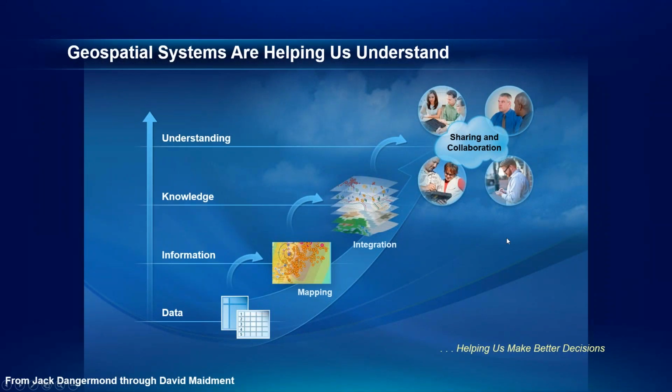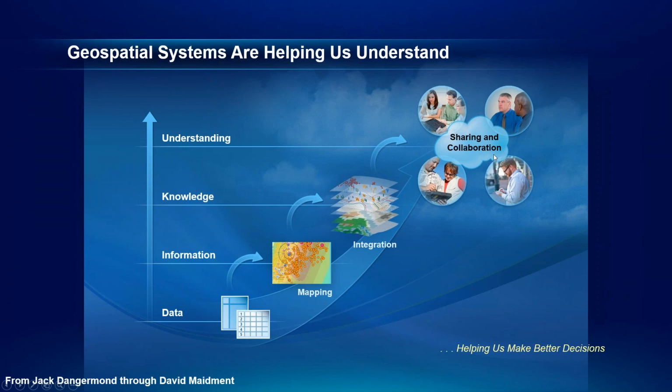And this is one of the slides that he uses in that, pointing out that geospatial systems are helping us understand. So one starts from data, integrates data together into information, then it becomes knowledge when you can combine different layers of information together.